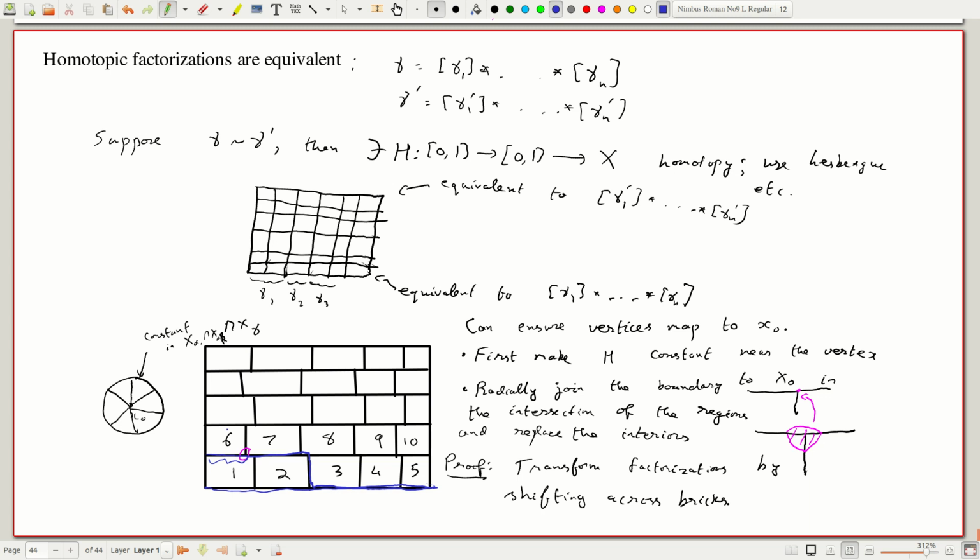Okay. Now as far as pushing across a brick is concerned, suppose we have this path and we want to push it across 3. Then what we have done is we have a factorization up to the left vertex, so we're pushing it across 3, and a factorization beyond this which is not going to be touched. Meanwhile we had a factorization which was two paths, this one and this one, merge them, so you have a single path.